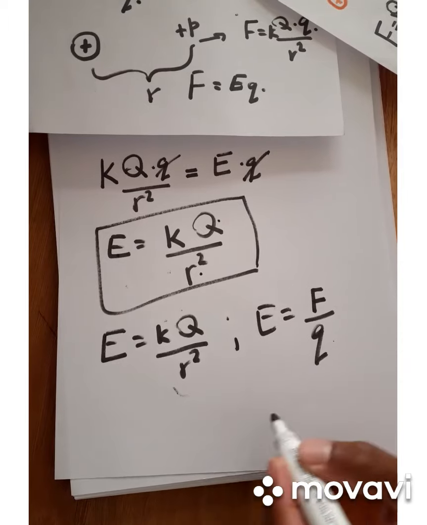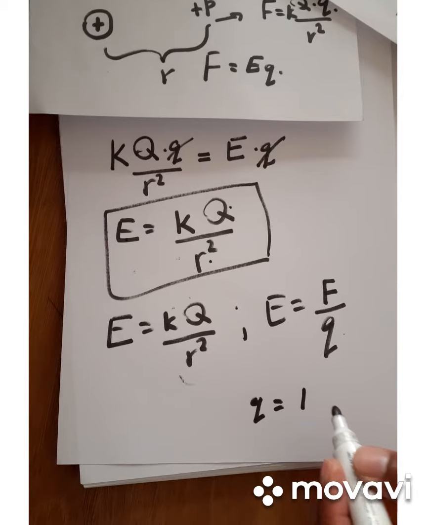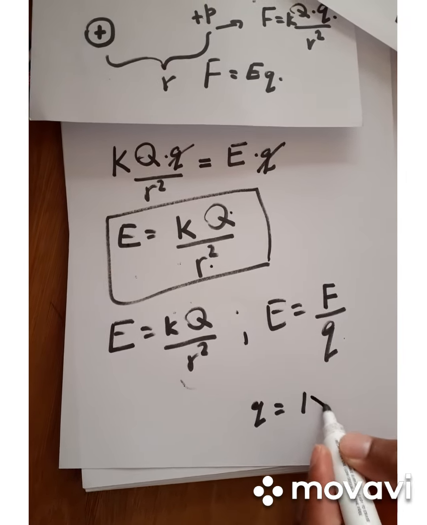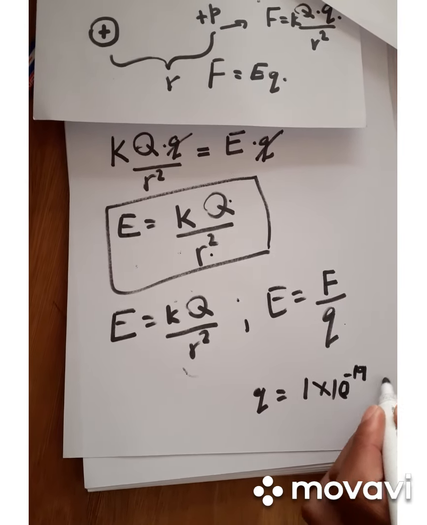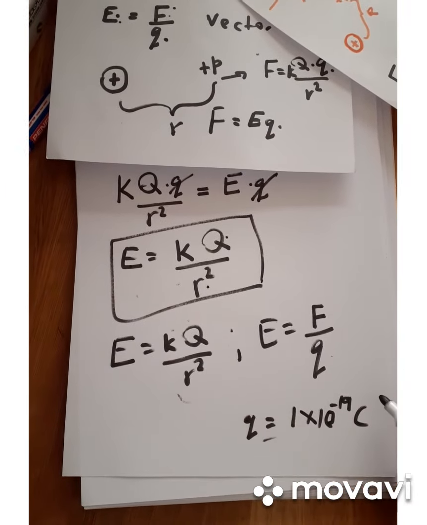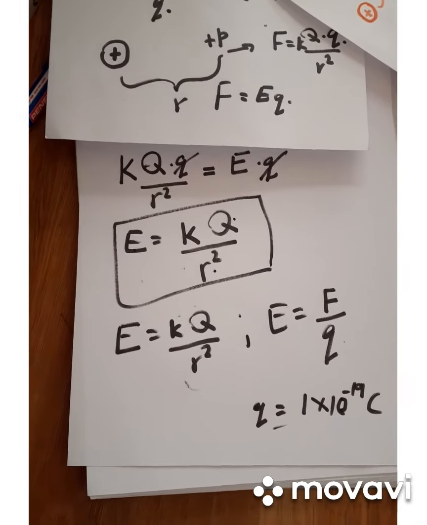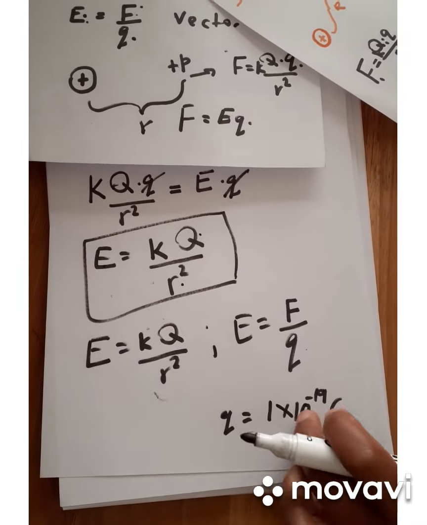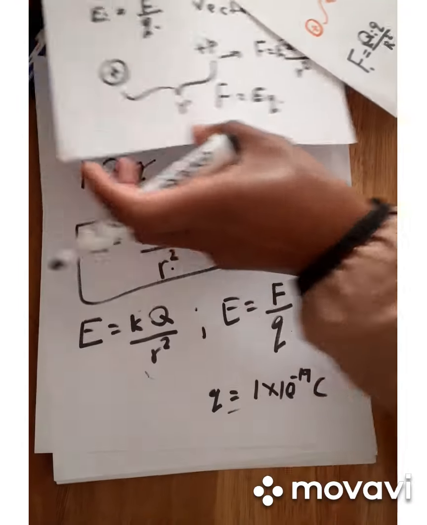The value of this point charge is going to be the same as the value of the electron charge, 1.6 times 10 to the power of negative 19 coulomb. It is the same, so if it is not given, then you know that it is like that. But it is a positive charge. Hence, you saw there, we used a positive point charge. Remember, electron charge is negative, but this one is a positive charge. Then you are good to go.